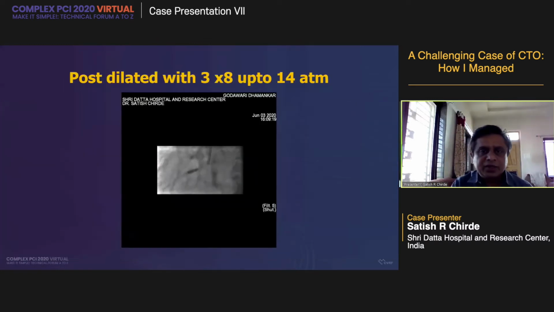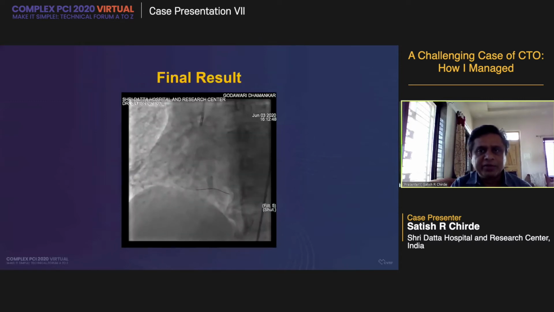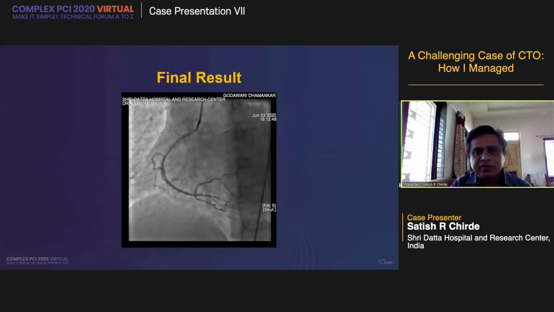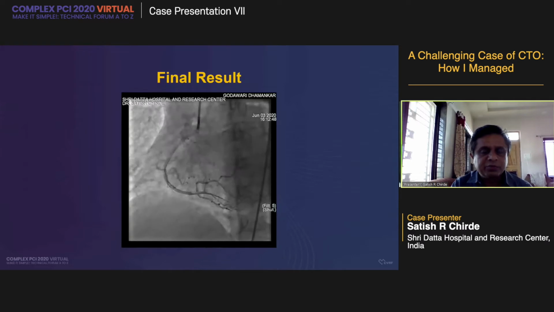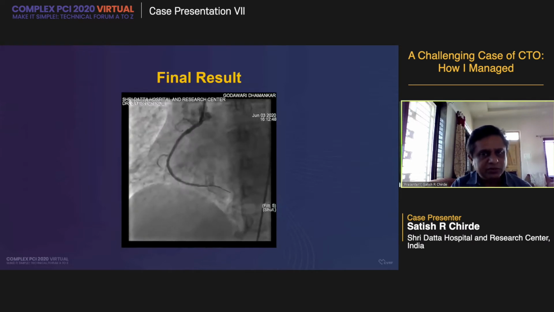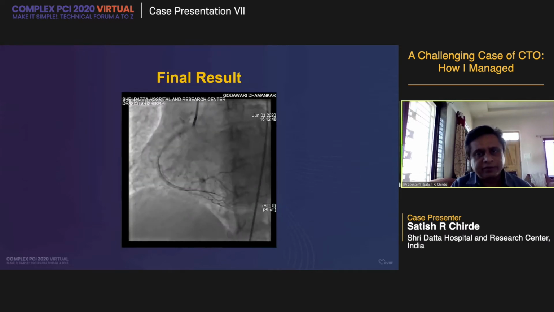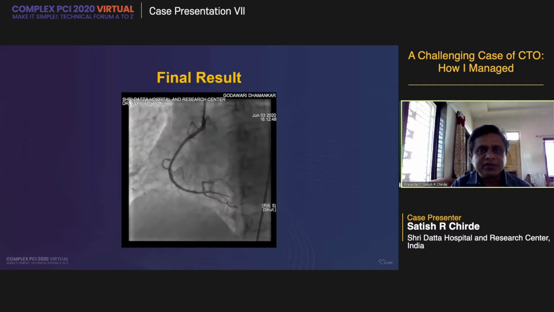Again, I took a 3x8 balloon, which was post-dilated from proximal to distal at various pressures, maximum 14 atmospheres. This is the final result of the RCA total occlusion. The patient was hemodynamically stable throughout the procedure, and I could manage this case without any complication.